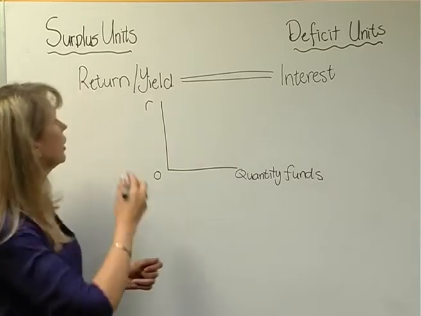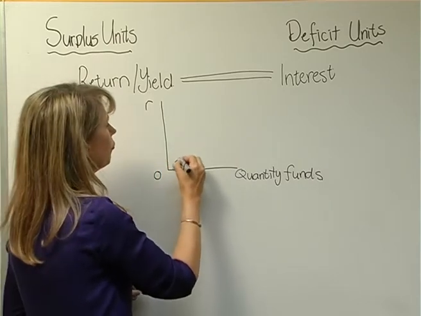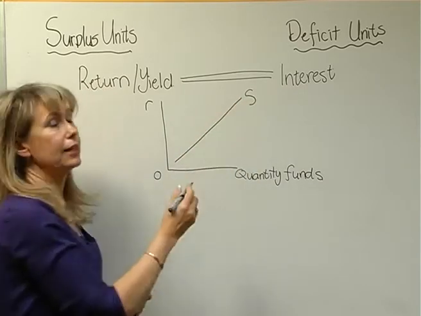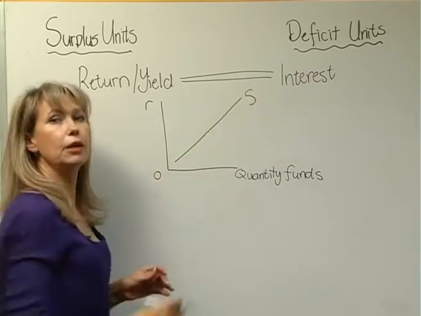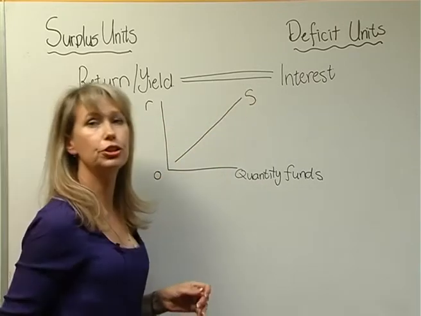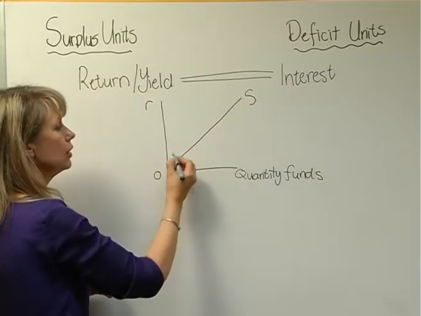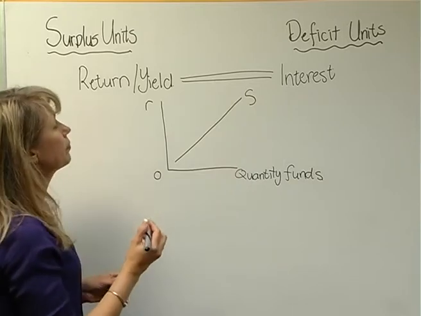Now, surplus units would like to supply more funds the higher the interest rate. The more they can earn a return on it, the more funds they will be willing to provide to deficit units. So the supply of loanable funds will have a positive slope.